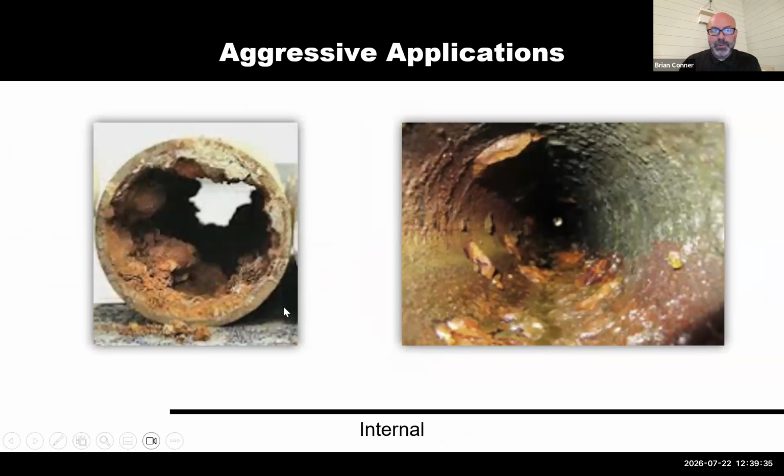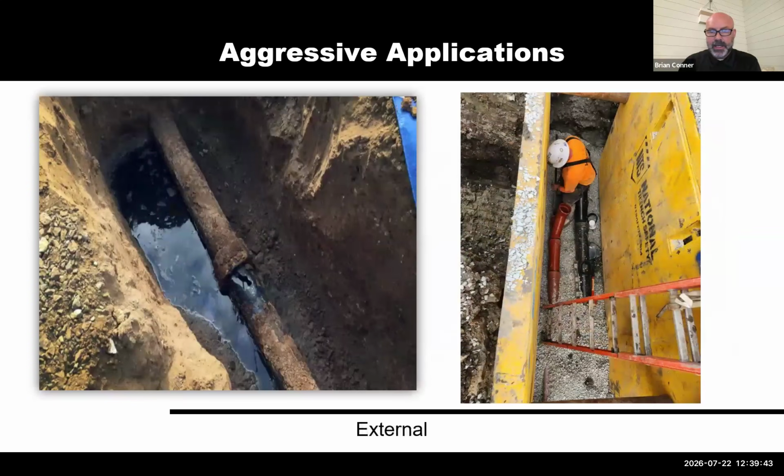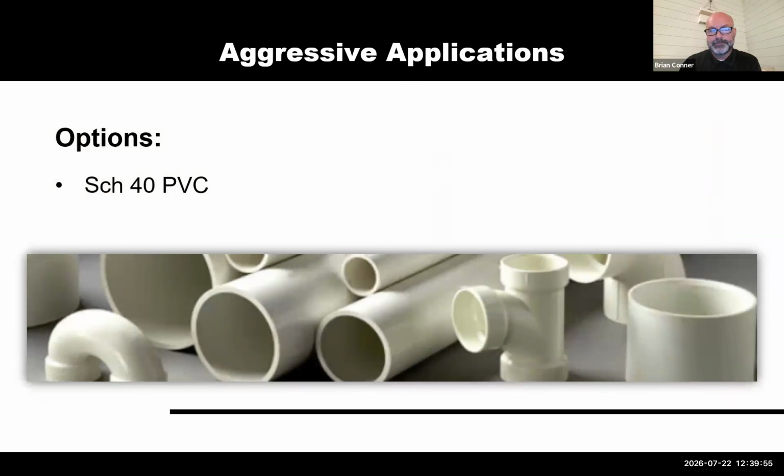And here are some examples of what you might see with the buildup or scaling inside of cast iron pipe. And again, the same hazards exist externally. Hot soils is another one that some folks don't think about. And so the coating on the exterior of the pipe is equally as important.